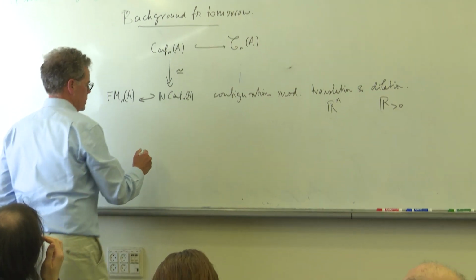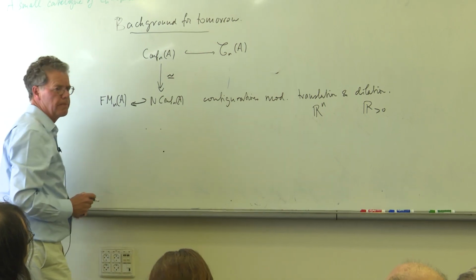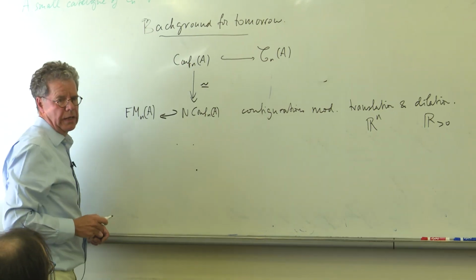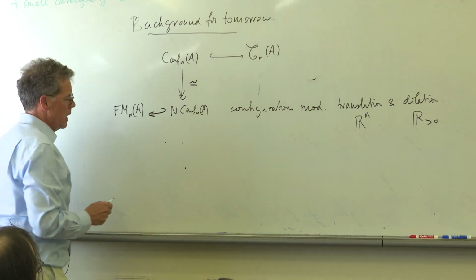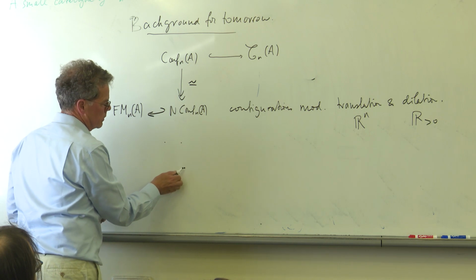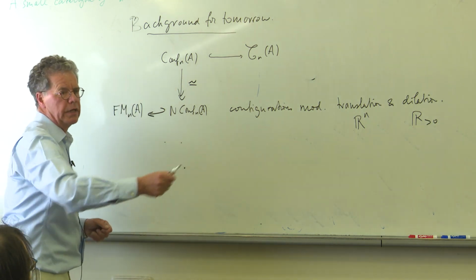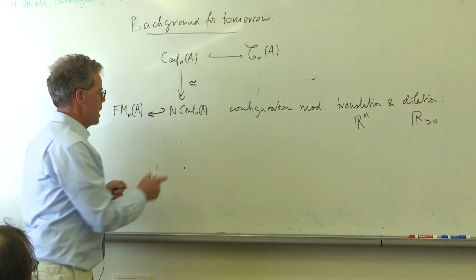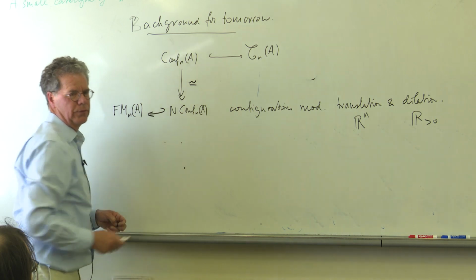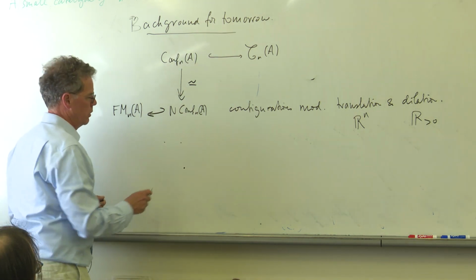For example, if you have a configuration of 3 points, these 2 points can collide together. You could also say this point wanders off to infinity. That's another point in the boundary. But if you normalize, these 2 points colliding is the same as this point wandering off to infinity. So it's enough to only talk about collisions.